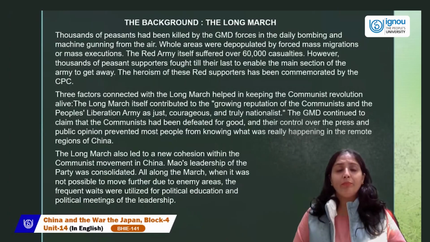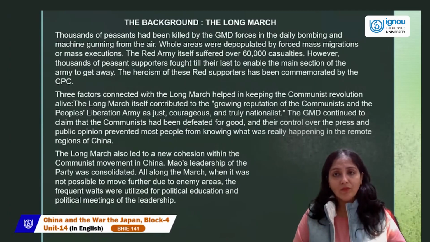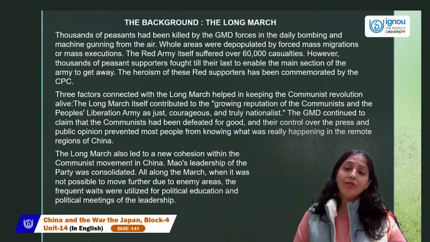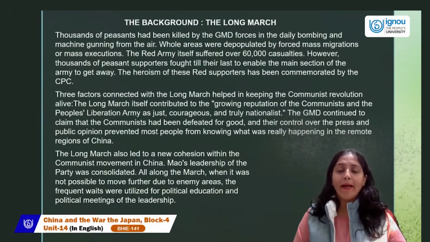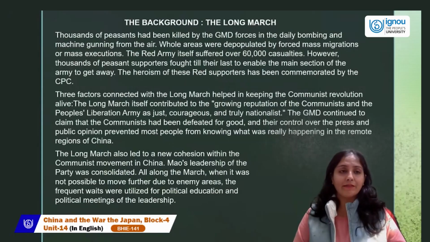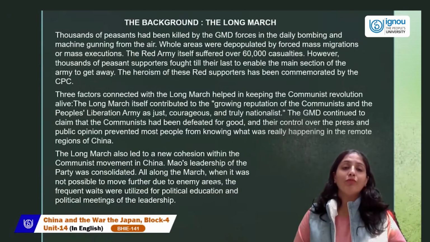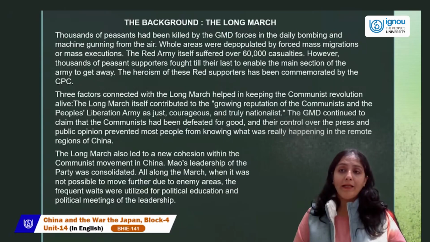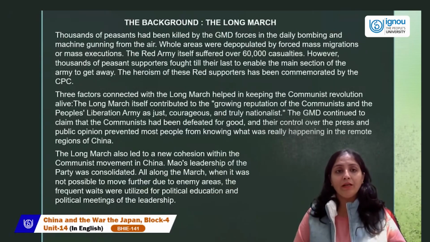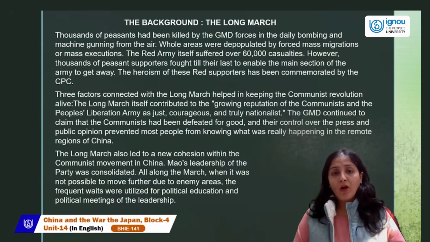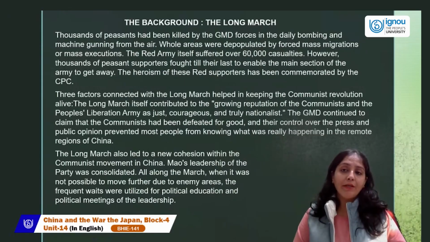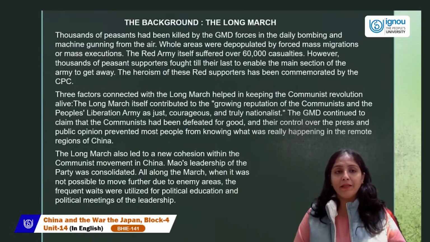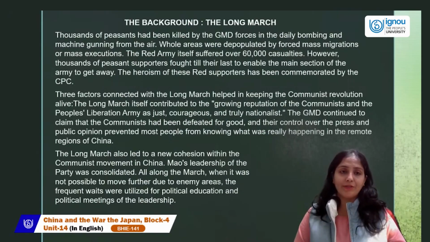Next, what was the background of these wars at that time, and what was the Long March, and who had done those things at that time? Thousands of peasants had been killed by the GMD forces in the daily bombing and machine gunning from the air. Whole areas were depopulated by forced mass migrations or mass executions.